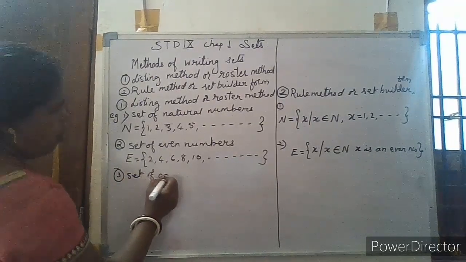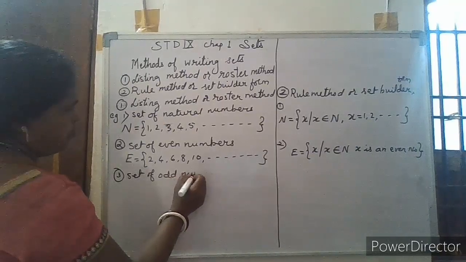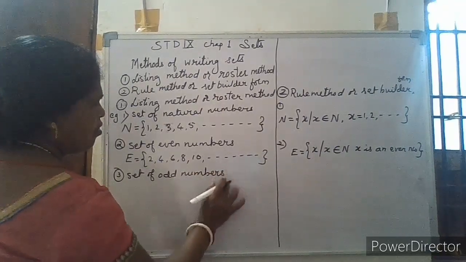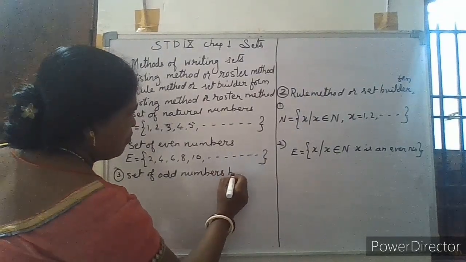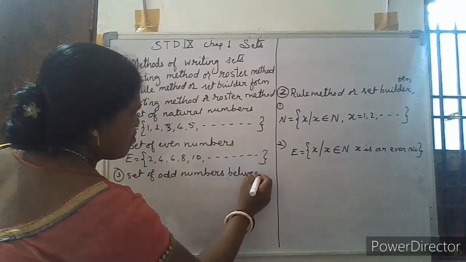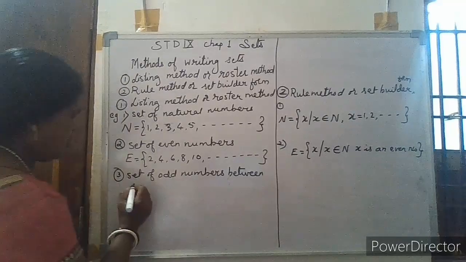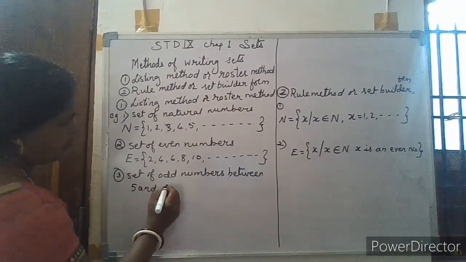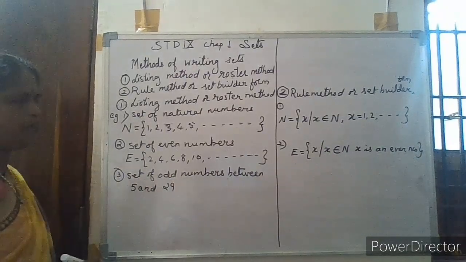Third example. Set of odd numbers between 5 and 29.